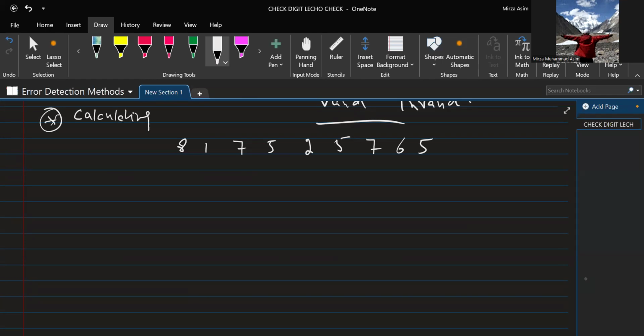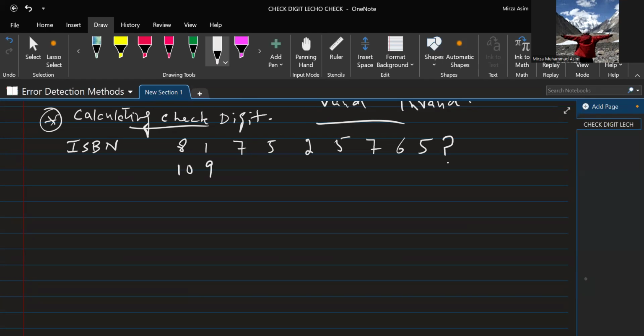So how many numbers do we have? For example, this is an ISBN number: 1, 2, 3, 4, 5, 6, 7, 8, 9, and let's say a question mark, this is the check digit we are going to figure out, right? Let's give a weight to every digit. This is 10, this is 9.